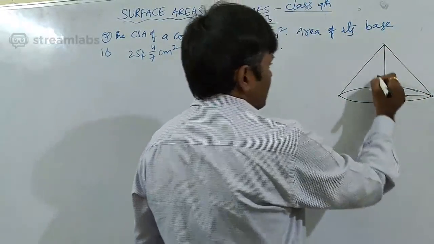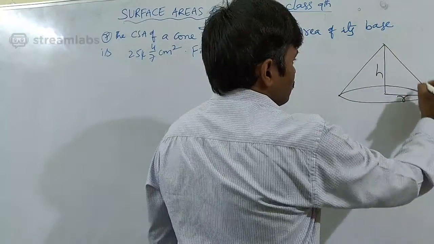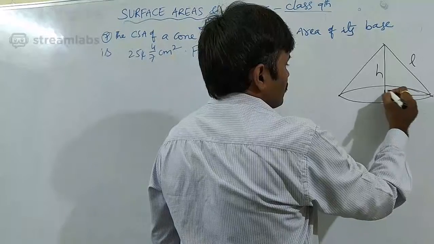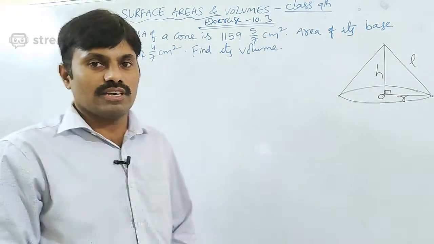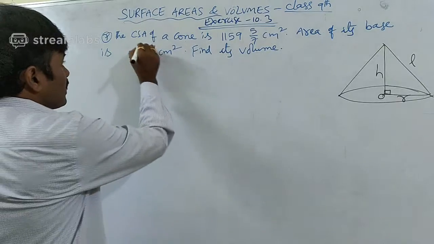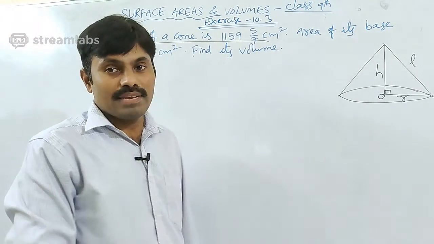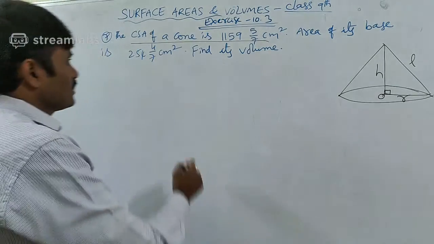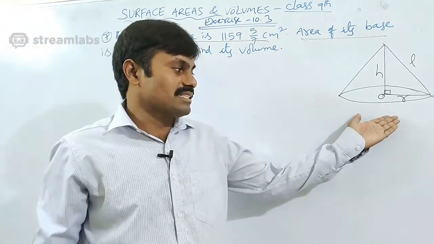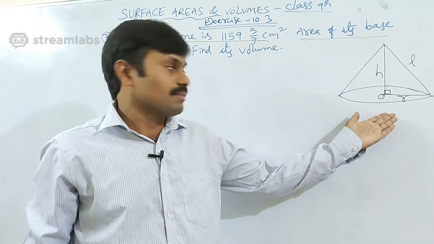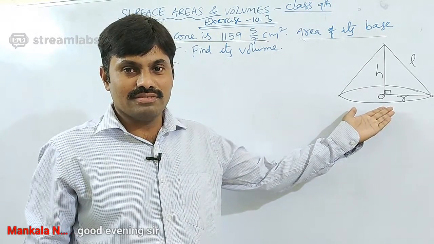Its base radius is r, height of the cone is h, and slant height is l. Here h is perpendicular, center is O. The area of its base is also given. What is the shape of the base of a cone? Circle.